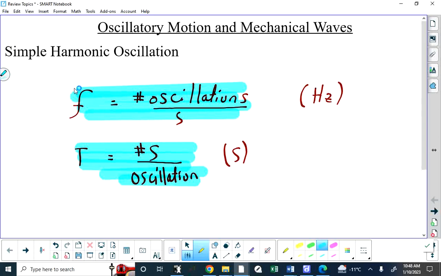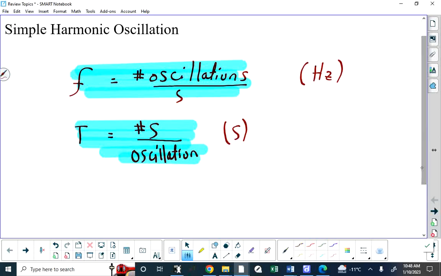Oscillations per second is mathematically the reciprocal of seconds per oscillation, and that's why we have this formula that ties the frequency and the period of a simple harmonic oscillator together. Period equals the reciprocal of frequency, right? And that's nothing new. We learned about that when we talked about circular motion, but here we're talking about either a frequency and a period of an oscillator or a frequency and a period of a wave.